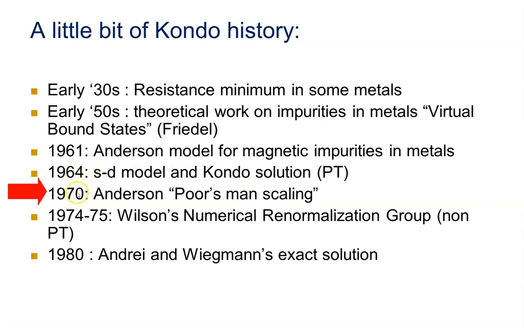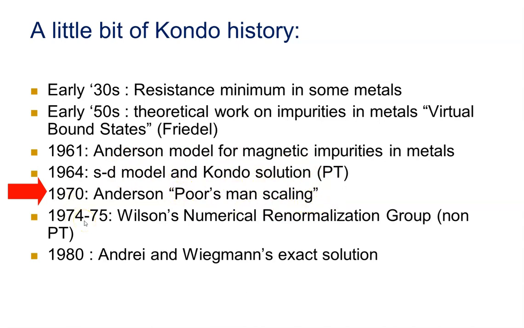In 1970, there was Anderson's so-called poor man's scaling, which gave an interesting view of how you could get those log divergences in the resistivity that became known as the Kondo problem.